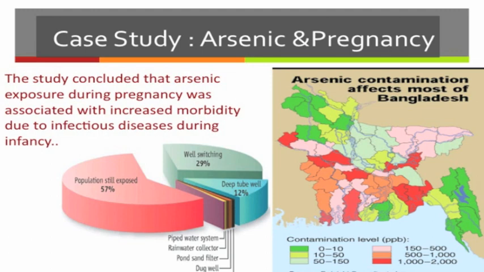They assessed arsenic exposure by measuring the concentration of metabolites of inorganic arsenic in maternal urine samples collected at gestation weeks 8 and 30. They collected information on fetal loss, infant death, and respiratory tract infections in infants.